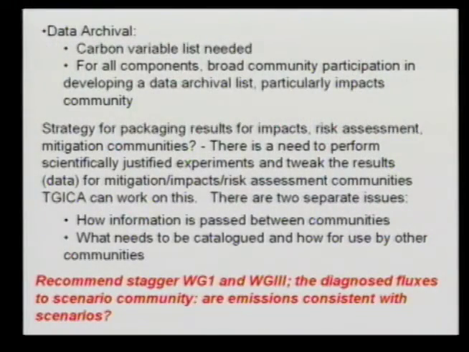So last but not least is data issues. In the last IPCC, the variable lists for the 4 components, the atmosphere, the ocean, the land, and the sea ice, were made up pretty much ad hoc by a very small group of people at the last minute.